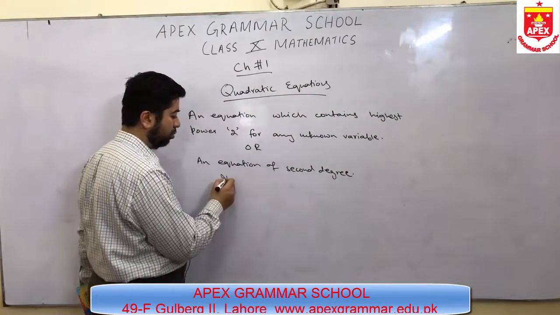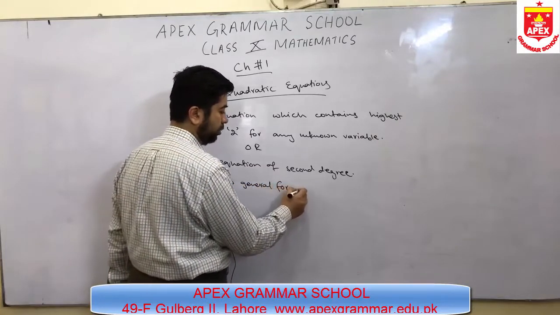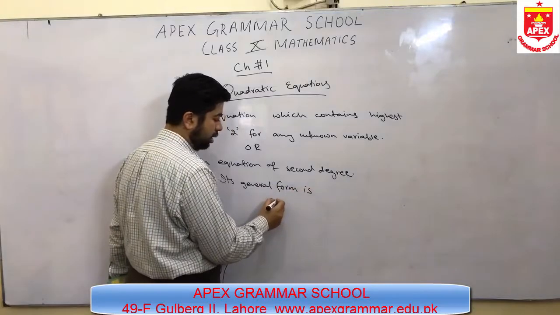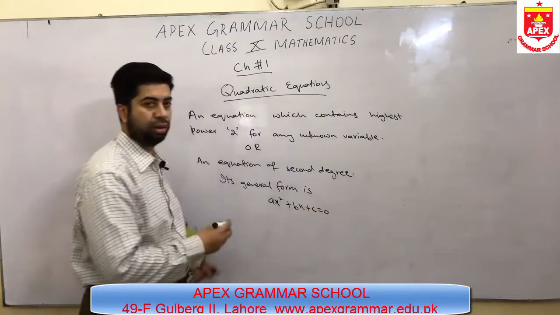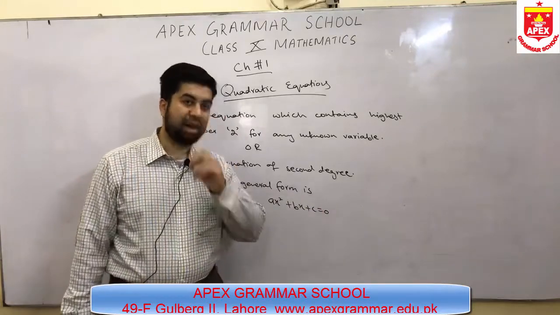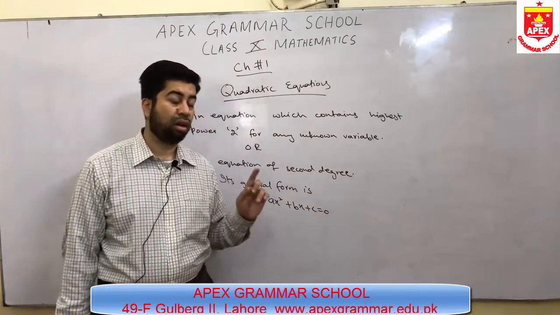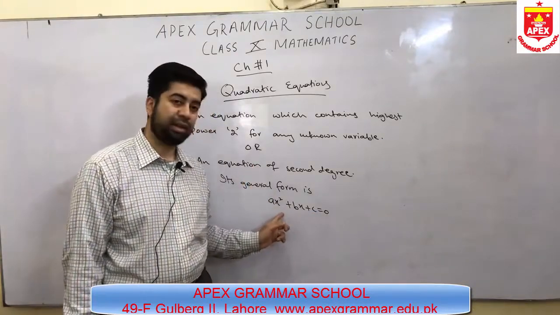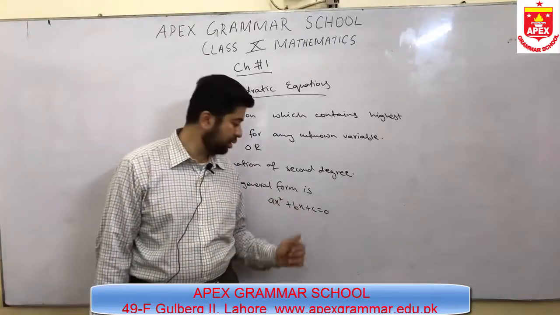Its general form is ax square plus bx plus c is equal to 0. First of all, you can see that this is an equation, and after that you can see that the variable is x and its highest power is 2 and not more than that.